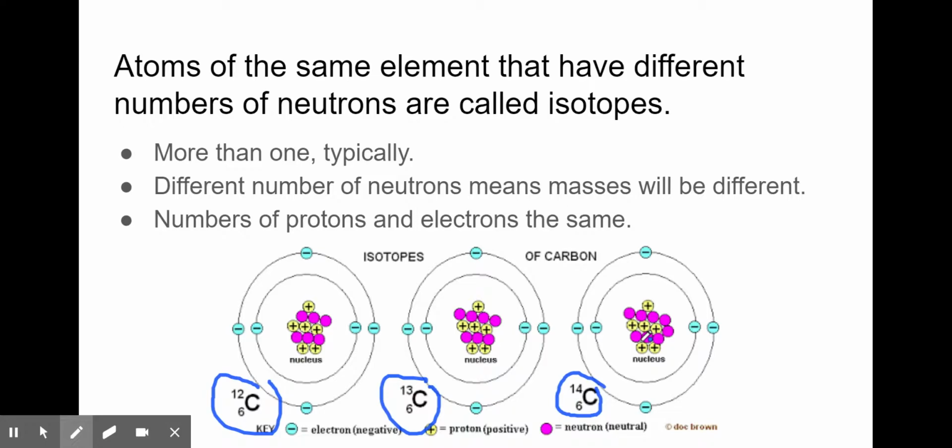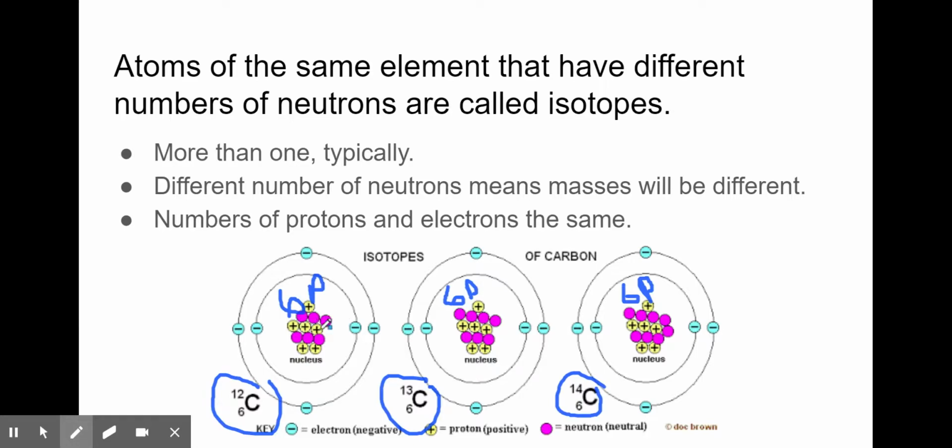If we look inside of the nucleus of each atom, you will see pink spheres, and you will see yellow spheres with positive signs or plus signs in them. So let's assume that these plus signs are protons, okay? Take a look. We have 6 protons in this nucleus. We have 6 protons in this nucleus. We have 6 protons in this nucleus, okay?